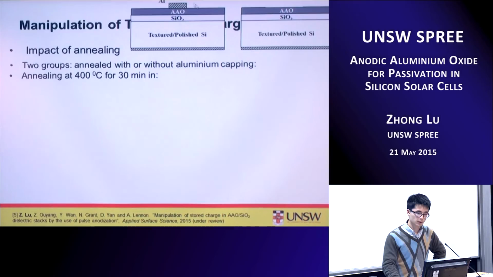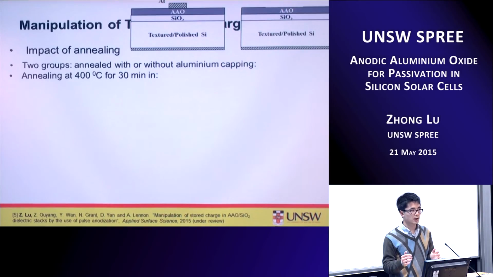For the first one, I have aluminium capping the AO and then anneal the sample. For the other group, I anneal the sample with a bare dielectric. The idea of putting aluminium on top is to test the quality of aluminium annealing, also known as alneal.